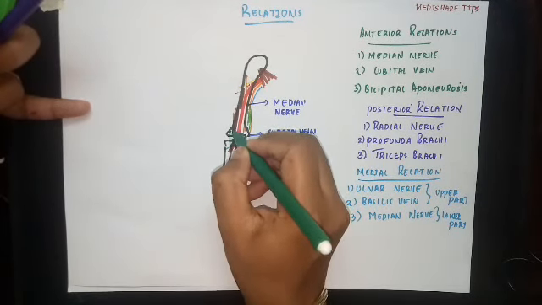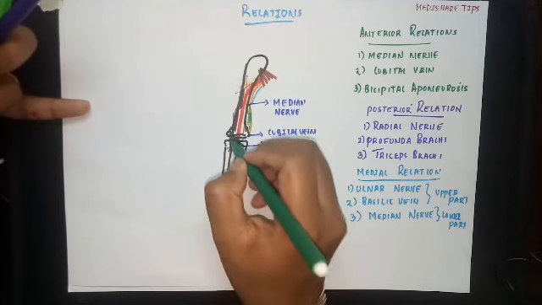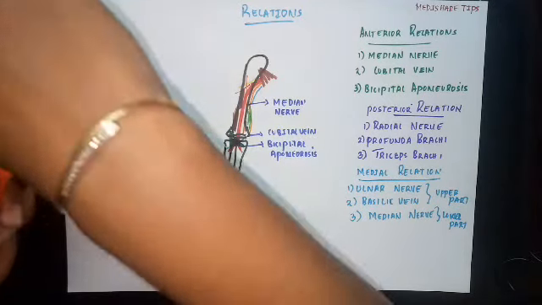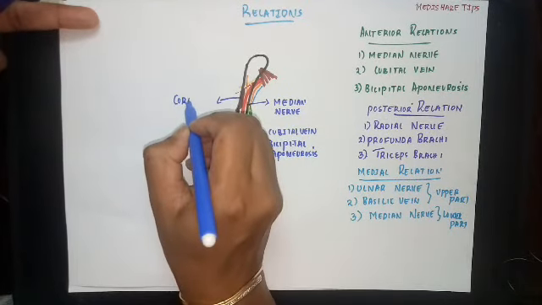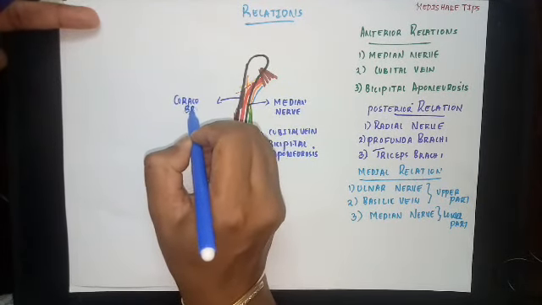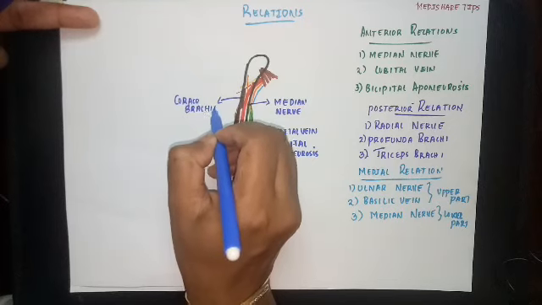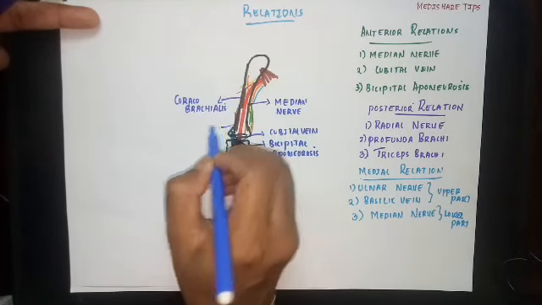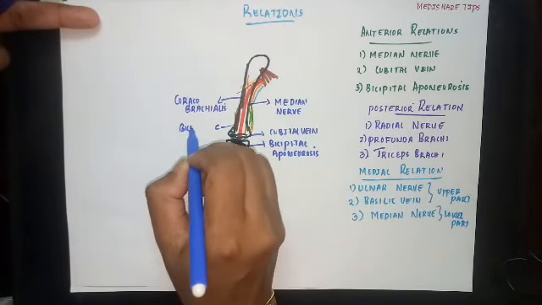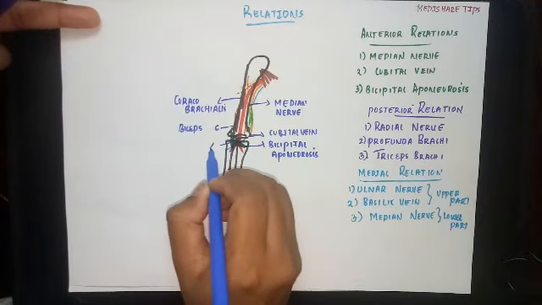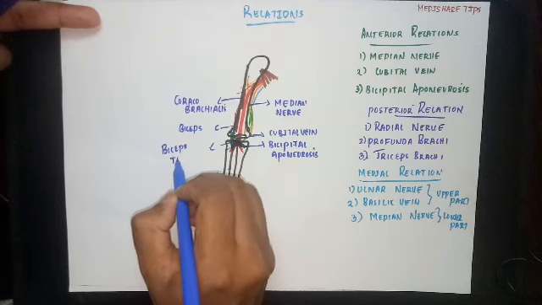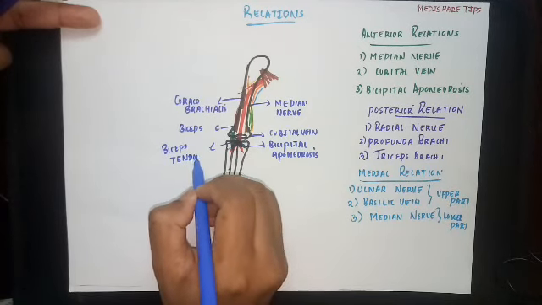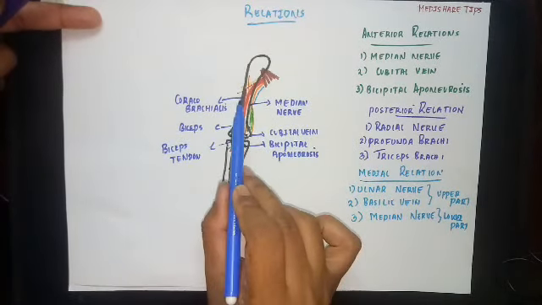This is the tendon of the biceps. So these are the coracobrachialis muscle, biceps muscle and tendon of biceps. All these structures form the lateral relation of the artery.